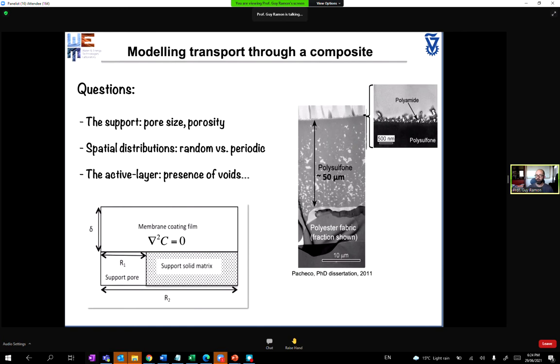And again, the baseline for a lot of this work was, let's just model this as a diffusion problem. A diffusion problem in steady state is just solving a Laplace equation. Laplace equations are dominated by the boundaries.